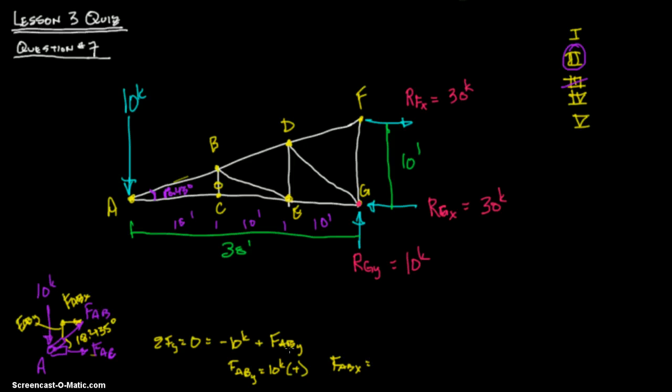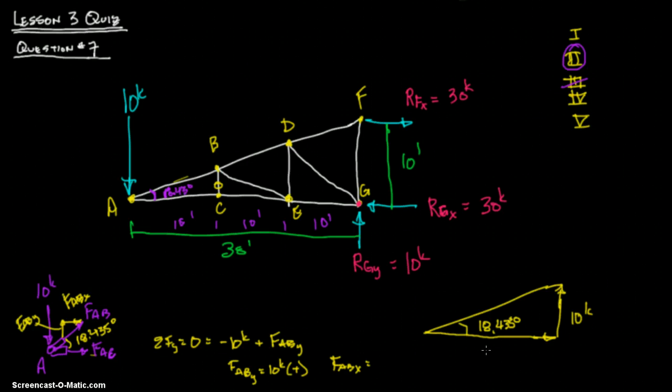It may be hard to see it over here, so I'm going to enlarge what we have. So we have this 18.435 degrees. And we now know the y component, which is right here, and this equals 10 kips. Okay, so now we can figure out what the x component is, because we know the angle, we know the opposite, and now we can figure out what this is.